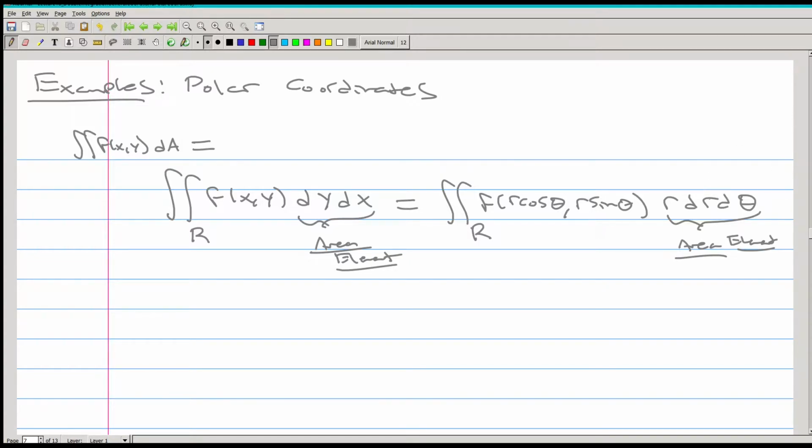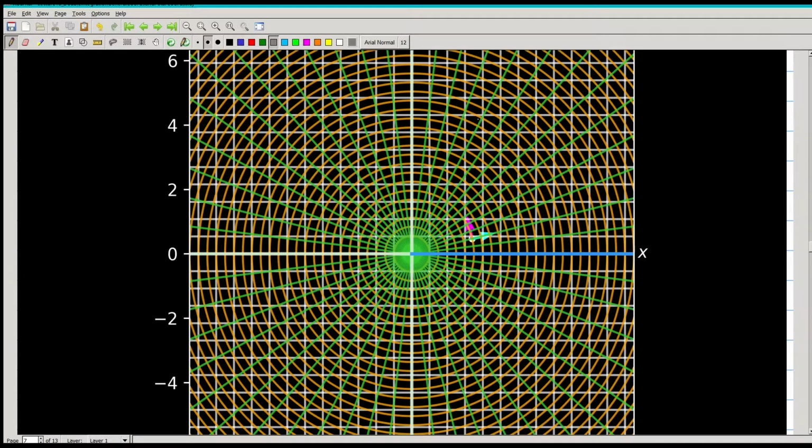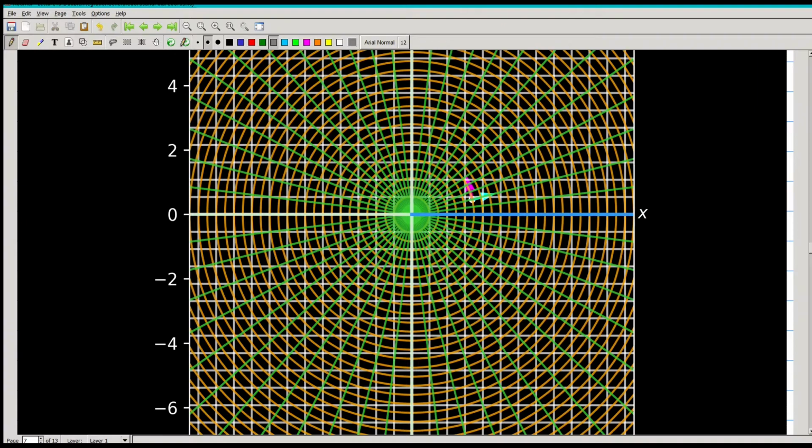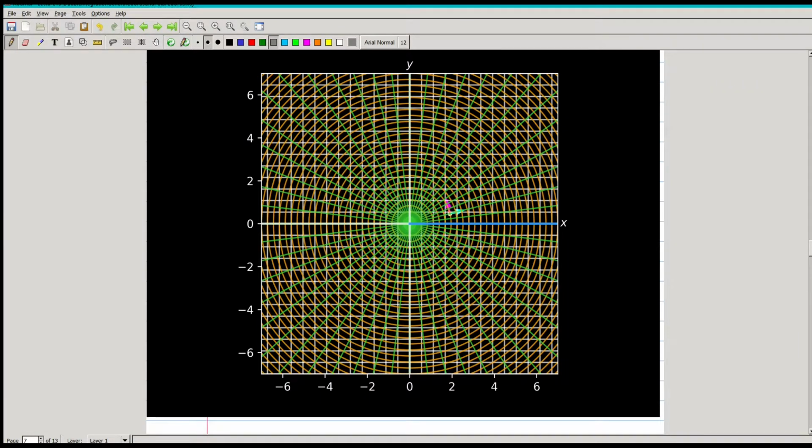The boxes in polar coordinates are circular segments, and this is evident if we scroll down a little bit and look at this picture again of polar coordinates, where we see very clearly that if you do Riemann sums for an integral in polar coordinates, the boxes for the Riemann sums change shape to these circular segments right here.